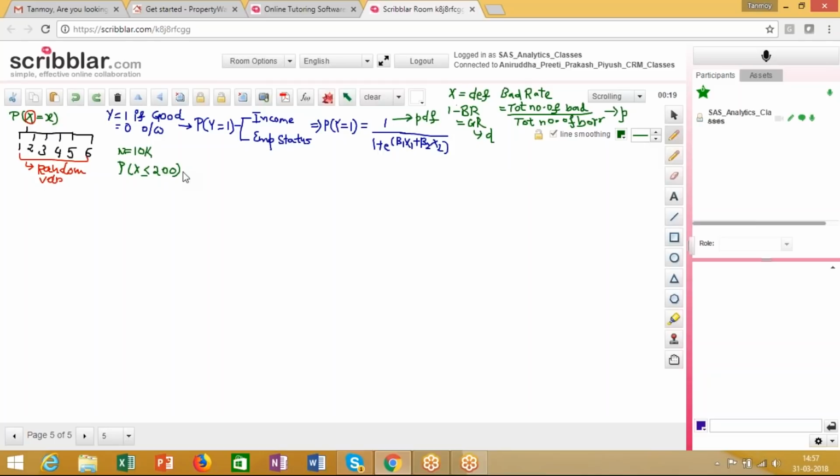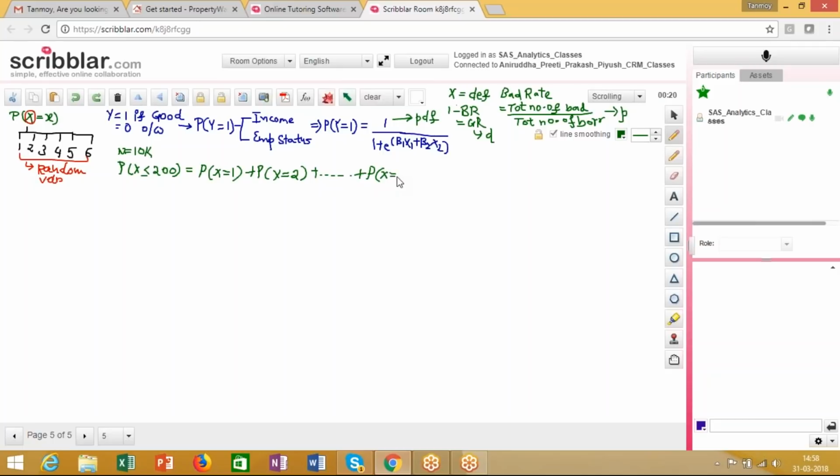So what will I do? I want to know the probability of getting one default, plus the probability of getting two defaults, and like this, up to the probability of getting 200 defaults.